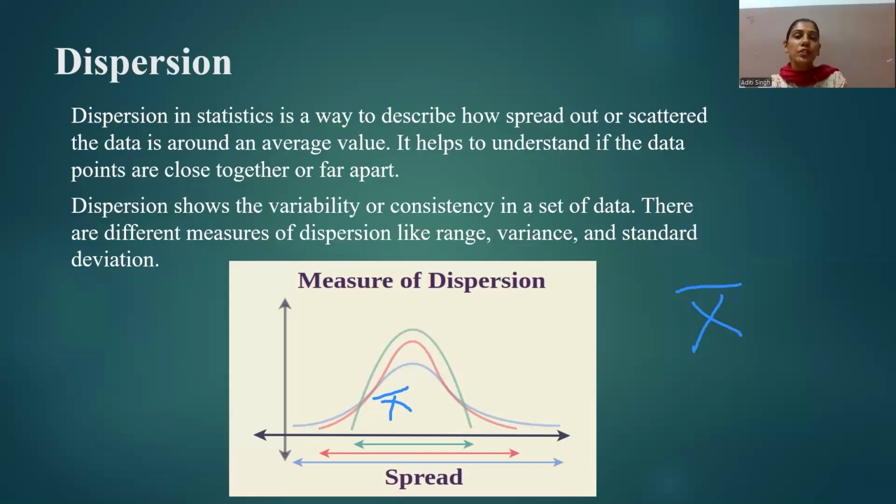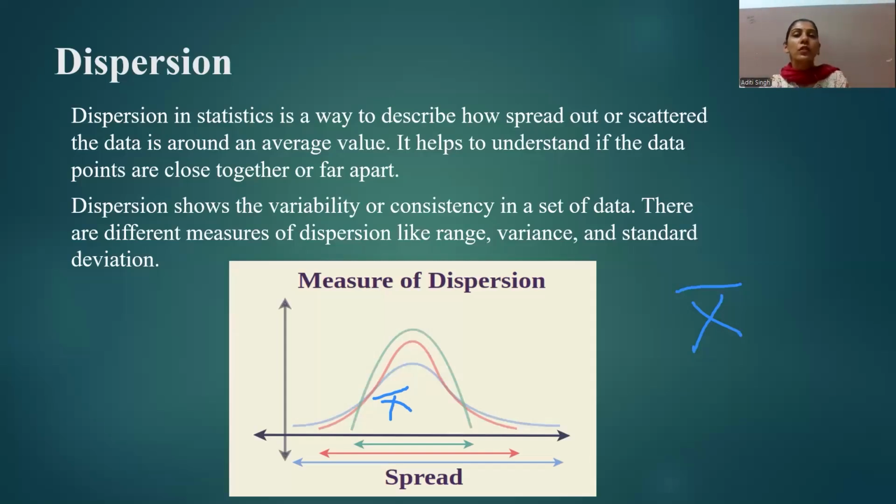Okay, dispersion basically shows the validity or consistency in a set of data. There are different measures of dispersion like range, standard deviation, mean deviation, variance. So all these types of measures of dispersion we will discuss in coming video lectures in detail also.